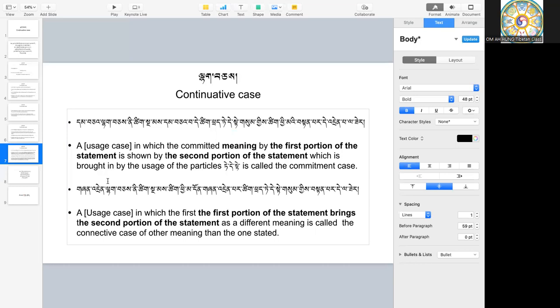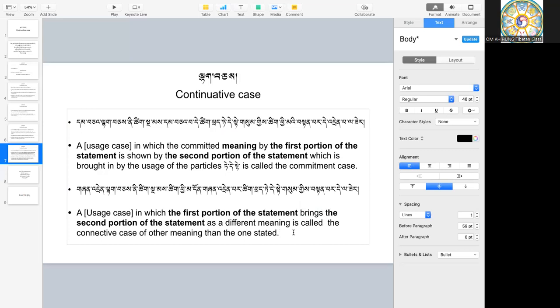So a usage case in which the first portion of the statement brings the second portion of the statement as a different meaning. It's called the connective case of other meaning than the one stated. So there are just 2 portions, and the first portion is just different from the second portion.